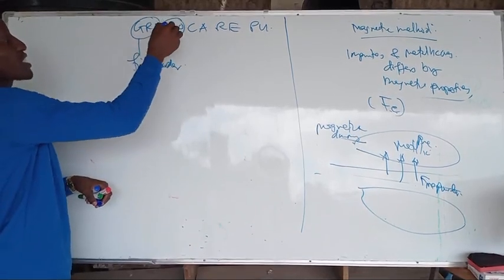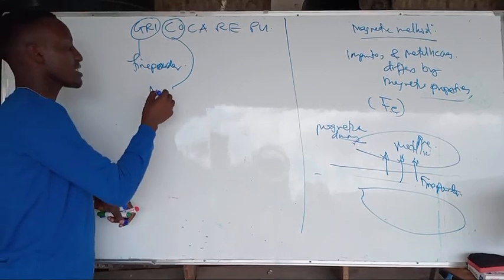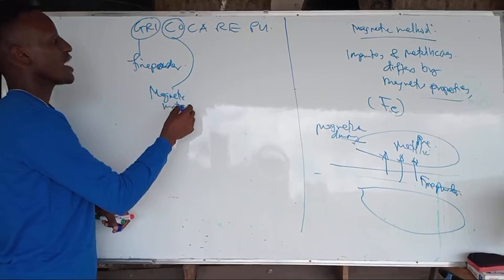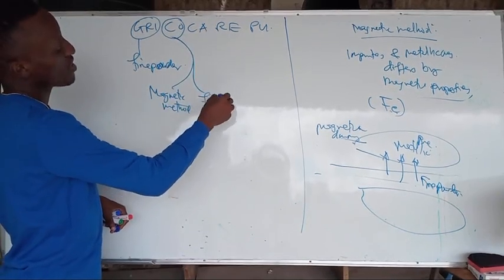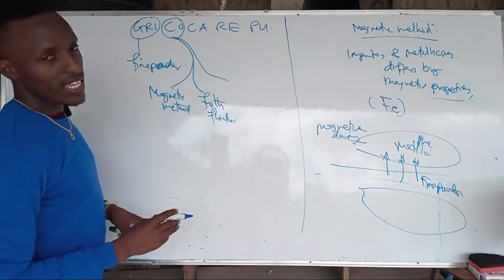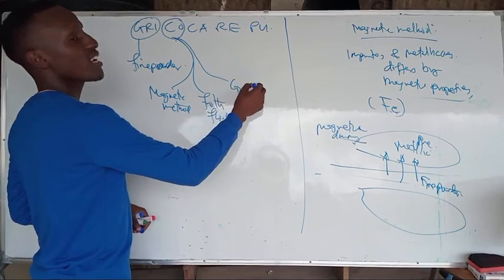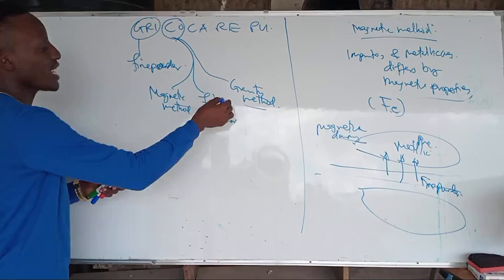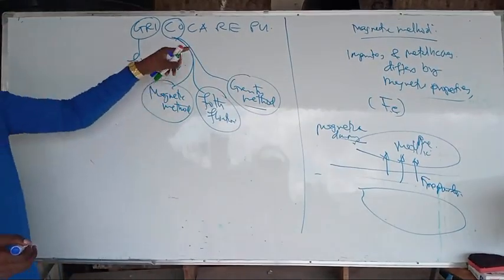Speaking about the concentration, I've said there are three methods that we have discussed: the magnetic method, the froth flotation, very important, and the third one is the gravity method. Okay, so there are three things. How about the third step?